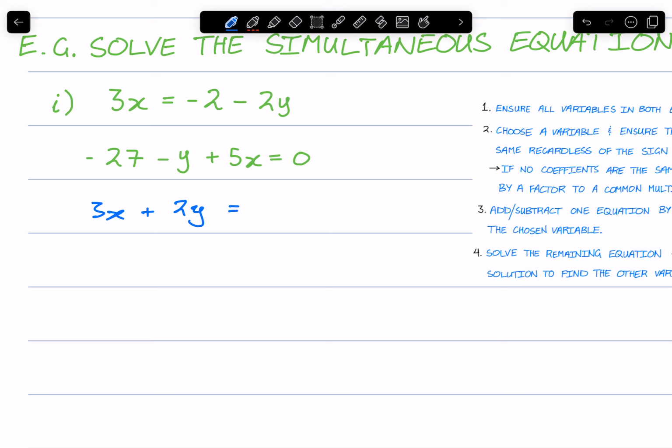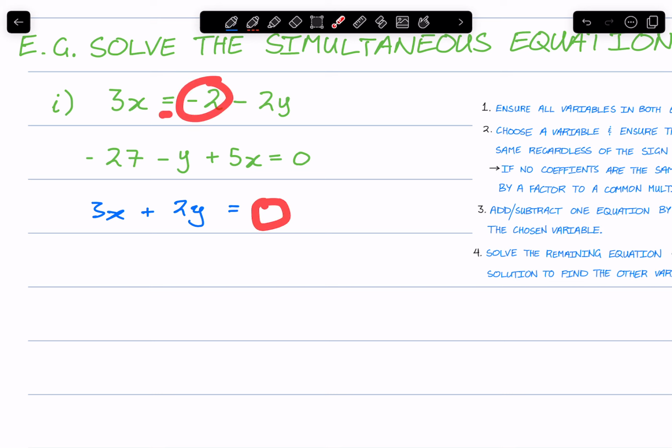So for equation 1, 3x stays where it is. Negative 2y is going to move across so that it becomes positive 2y. And negative 2 is already on its own on the other side of the equation, so negative 2. As for equation 2, same thing.